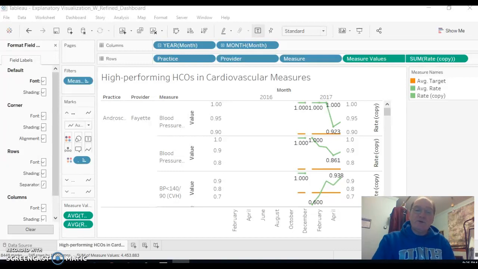The specific question we're trying to answer here is which practices and providers perform best against a set of standard measures. From there, subsequent measures can be performed to determine what specific processes or methodologies are used by those successful practices and providers, and to see if those processes and methodologies can be duplicated among other HCOs.